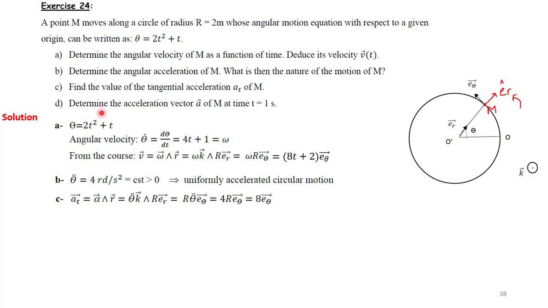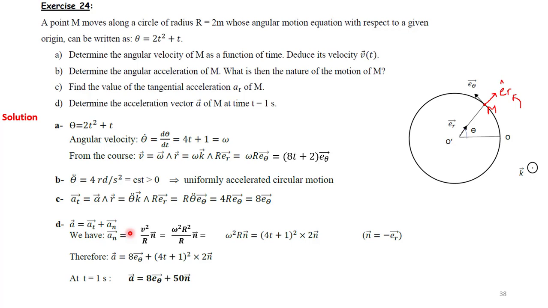Finally, D, determine the acceleration vector a of M at time t equal to 1 second. The acceleration here can be written as an plus at, where at is already found, and we just need to find an. An is equal to v squared over r along the normal unit vector. V squared is equal to omega squared r squared. So an is equal to omega squared r along n.